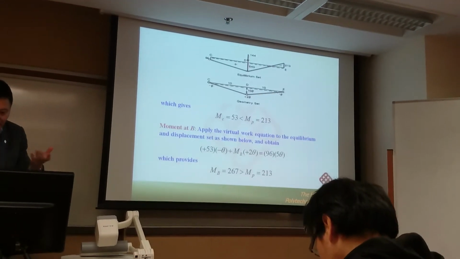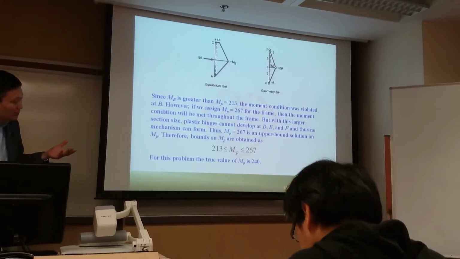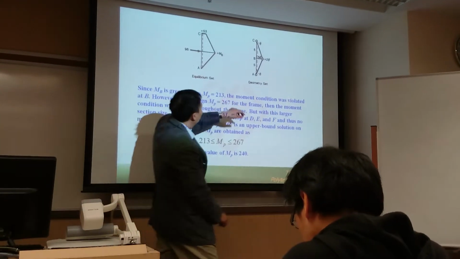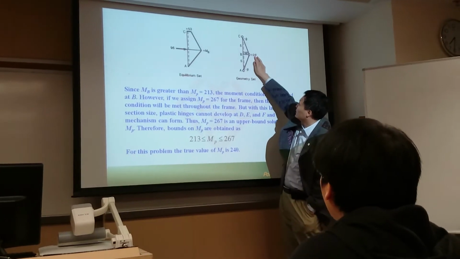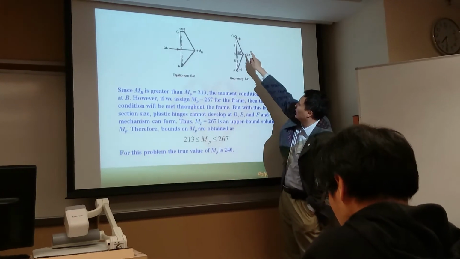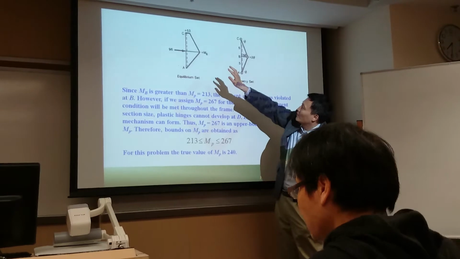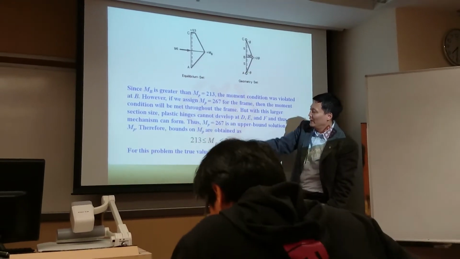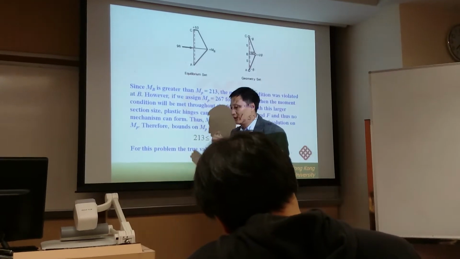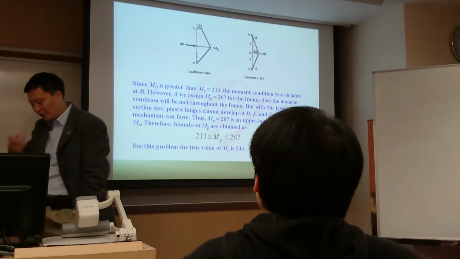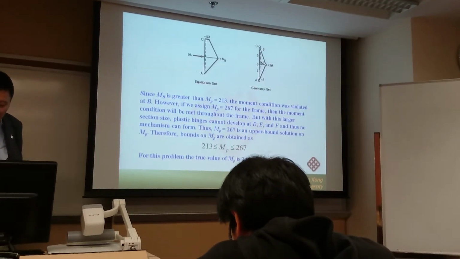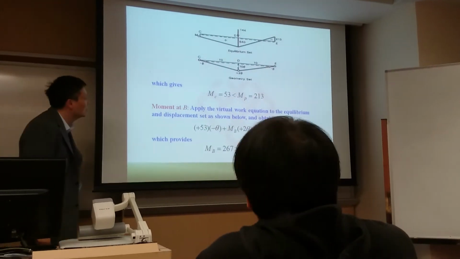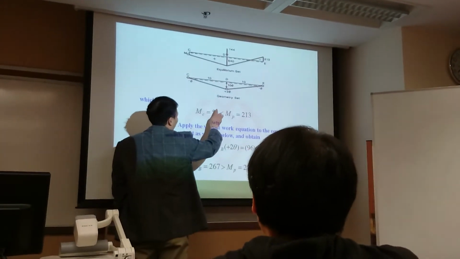For section B, we introduce a virtual displacement like this: negative 1 theta, positive 2 theta, negative 1 theta. For section C, you don't need to worry about the moment because you just need to use the calculated moment, which is equal to positive 53.